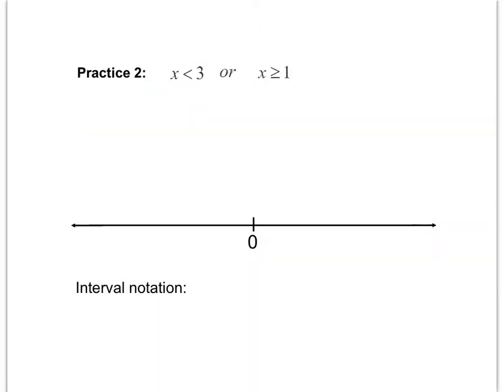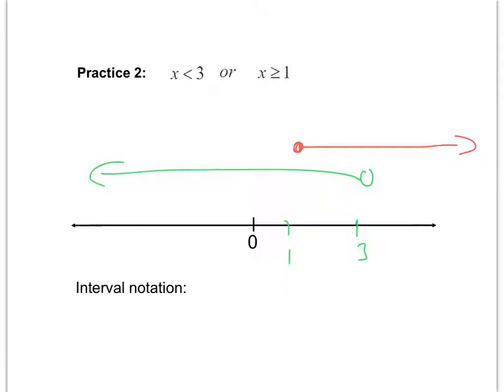Okay, let's do this one together real quick here. X is going to be less than 3 or union x is greater than positive 1. So I'm going to mark up my number line here at 3, here at 1. X is going to be less than 3. X is going to be greater than or equal to 1. We're using the word or, so it's one or the other.